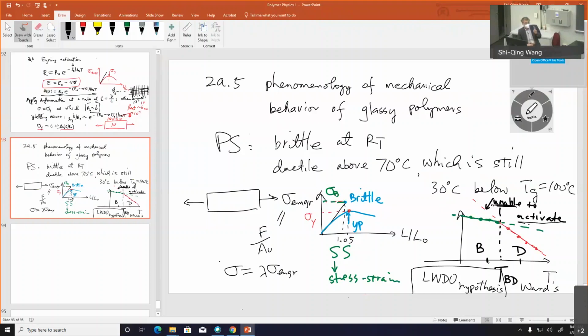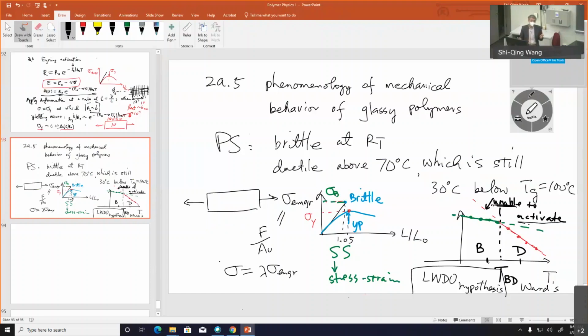they claim that there are two competing processes going on. One is a process of breaking. The other is a process of yielding, which I'm just repeating from the textbook.